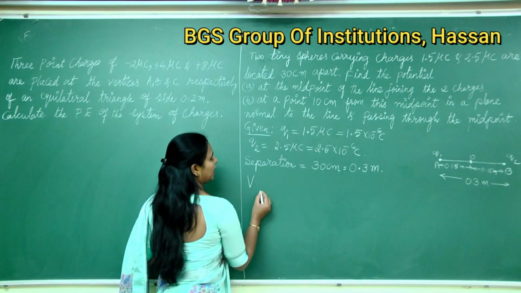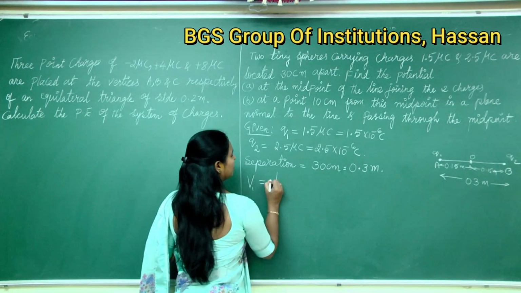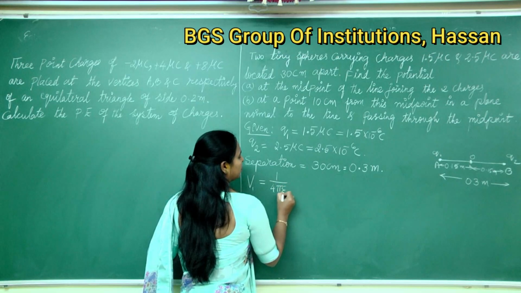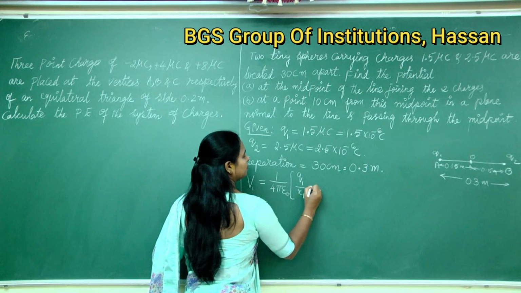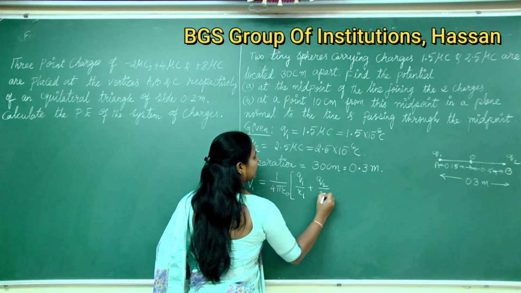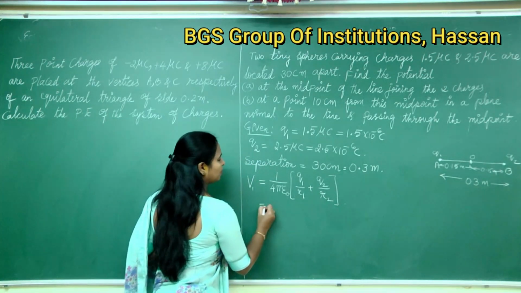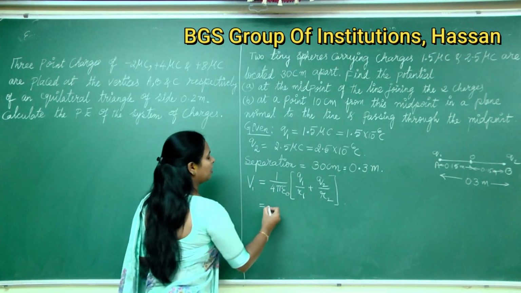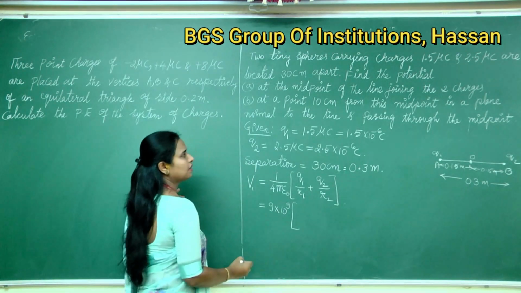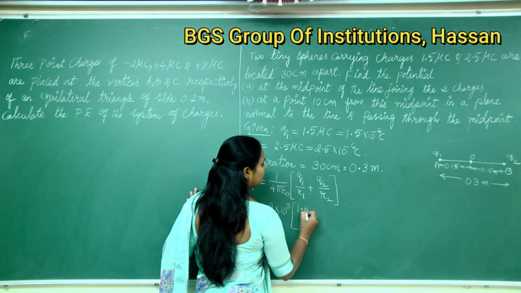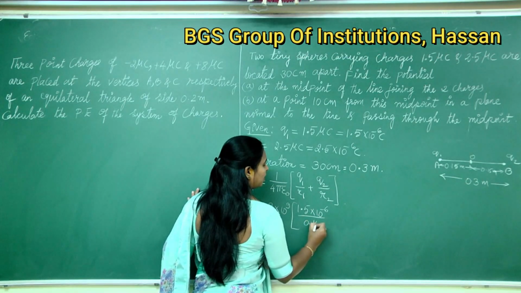So potential at midpoint I can take it as V1 is equal to, write down the formula, 1 by 4 pi epsilon naught, Q1 by R1 plus Q2 by R2. Now substitute the value. What is the value of 1 by 4 pi epsilon naught? It is 9 into 10 power 9. What is the value of Q1? 1.5 into 10 power minus 6 divided by 0.15.